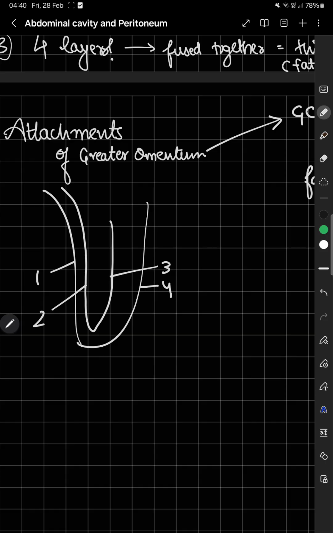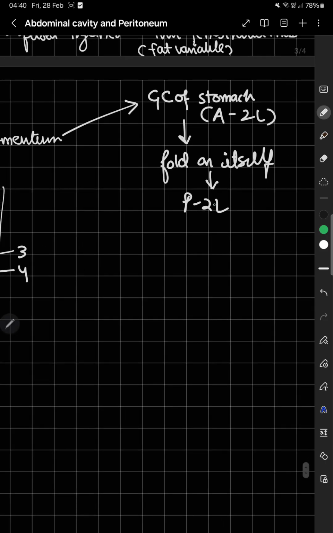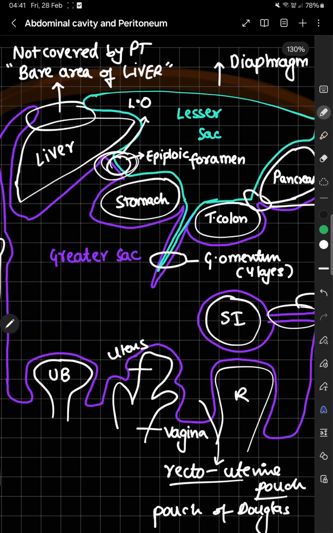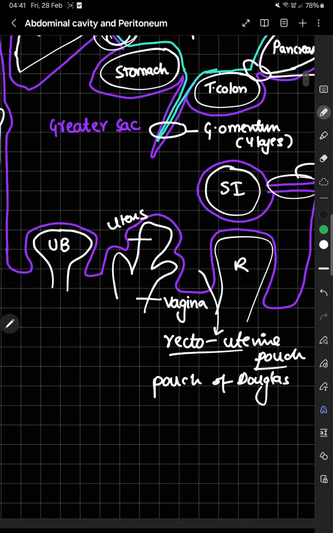Okay, and this posterior thing would ascend up to the transverse mesocolon. You can even refer to the main diagram over here. It starts from the stomach's greater curvature, and we have the anterior two layers of the peritoneum which fold to form the posterior two, such that there's a whole 4-layer formation where the first layer becomes the fourth layer, the second layer becomes the third layer, and this extends up to transverse mesocolon.